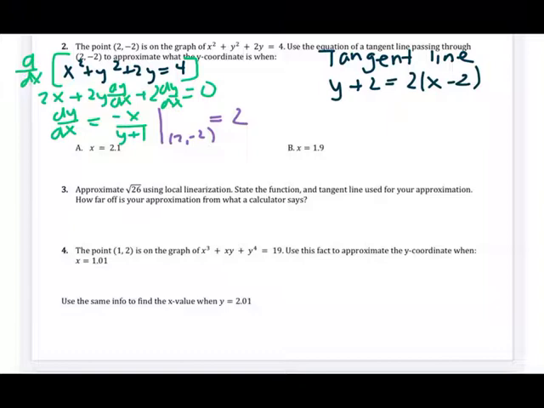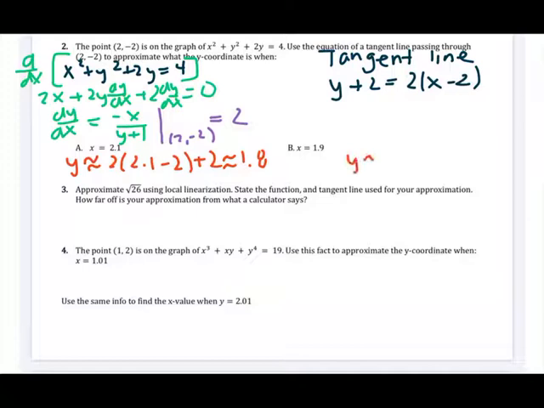So now I can use this tangent line to approximate both A and B. For A, I'm going to say y is approximately, you need to make sure you're using an approximately symbol because we are in fact using this as an approximation, 2 times the quantity 2.1 minus 2, plus 2. That's going to give us that y is approximately 1.8.